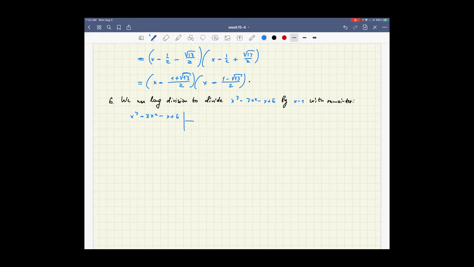So we expect the quotient to be a polynomial of degree 2, and the ratio can only be a constant because the divisor is a polynomial of degree 1, and the degree of the remainder can only be smaller than the degree of the divisor.